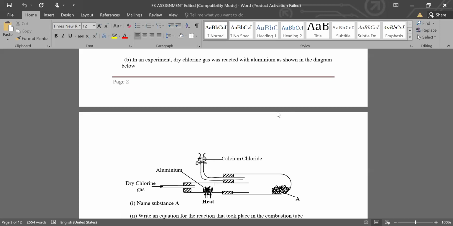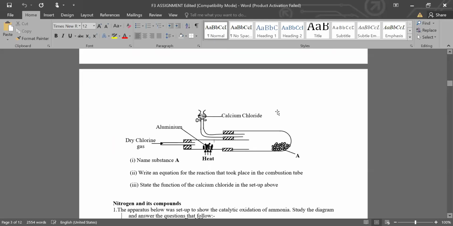From the diagram, the chlorine is passed over hot aluminium, and the reaction continues.